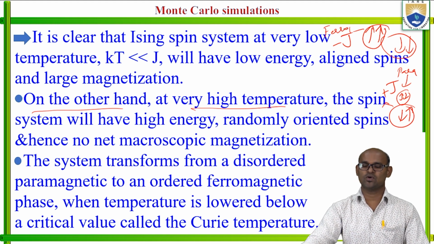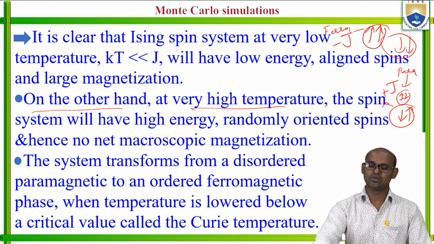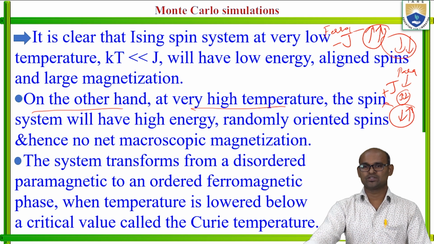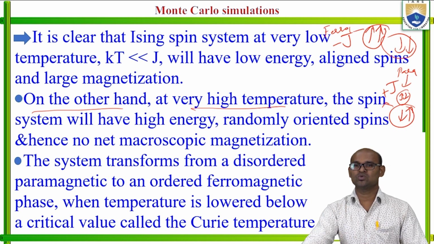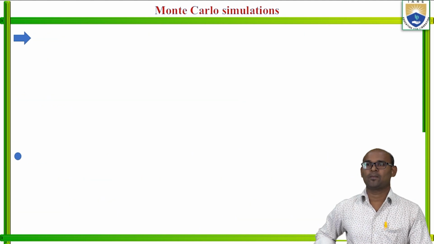So the system transforms from a disordered paramagnetic state at high temperature to an ordered ferromagnetic state at low temperature. So the system undergoes a phase transition below a critical temperature called the Curie temperature.